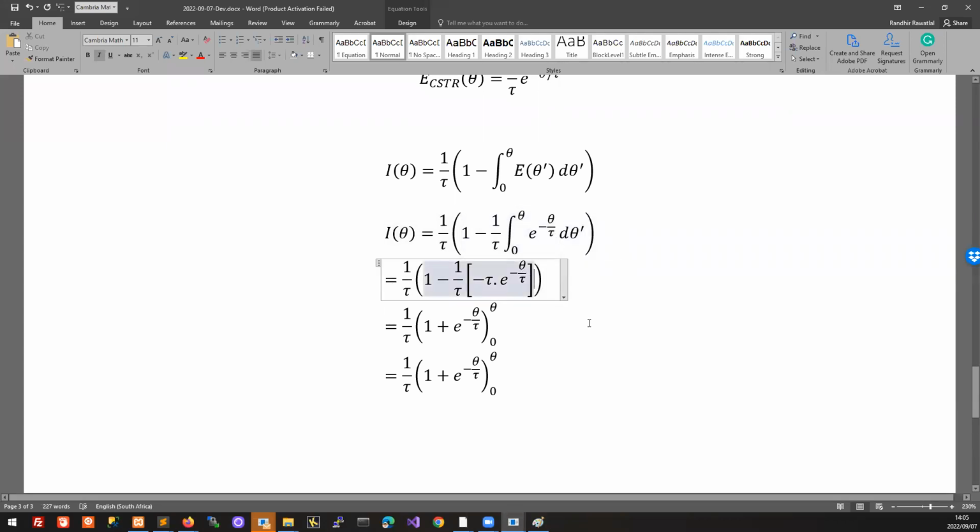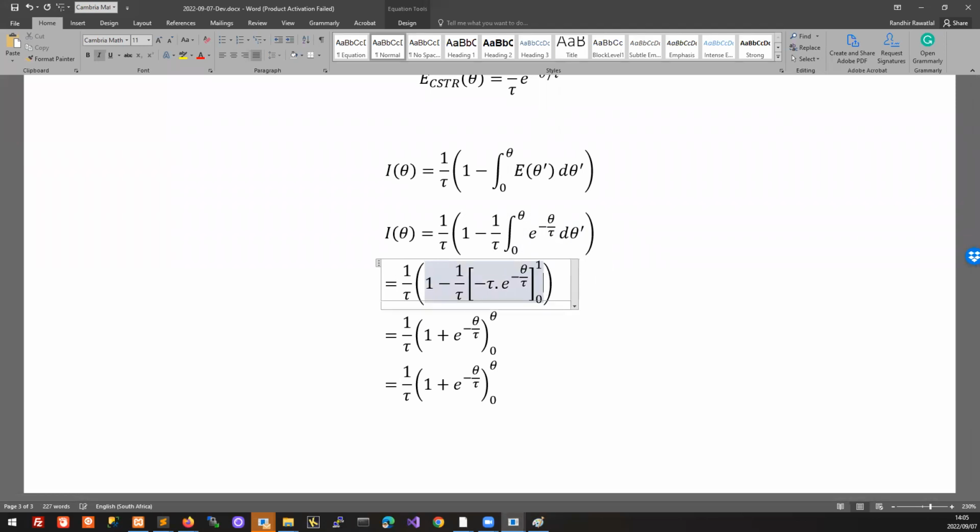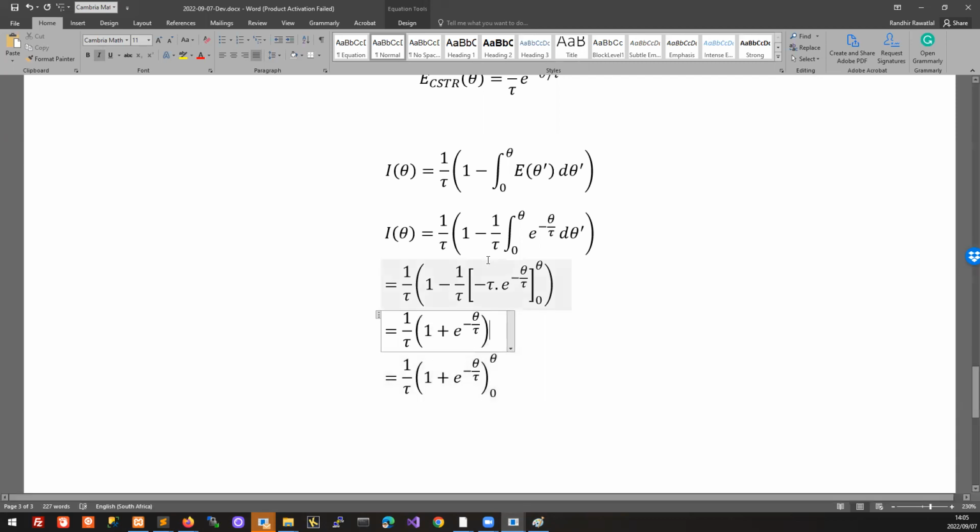So I need to say here, this is theta. And this part becomes, well, it's the same problem here. So we want to extract this. Okay, and then this part is where we applied limits, right?